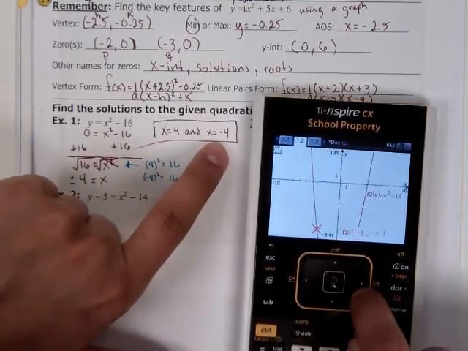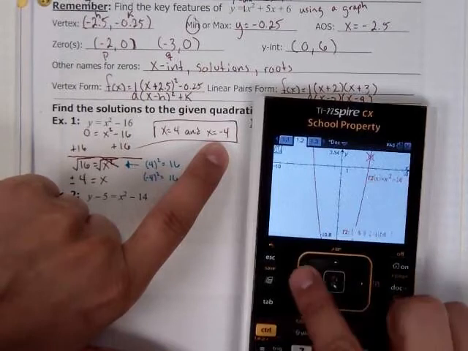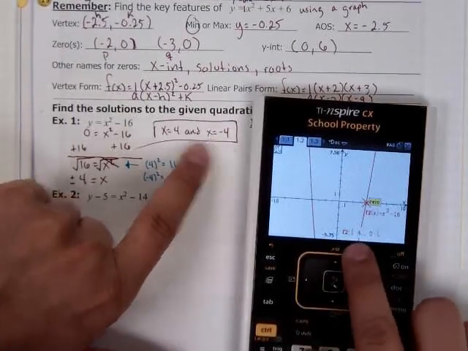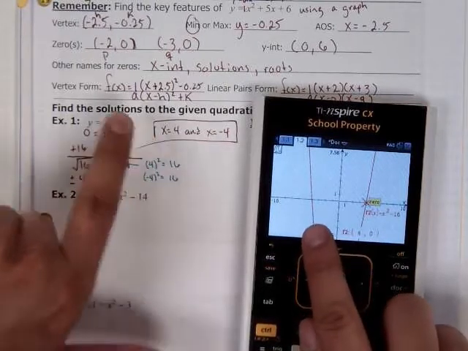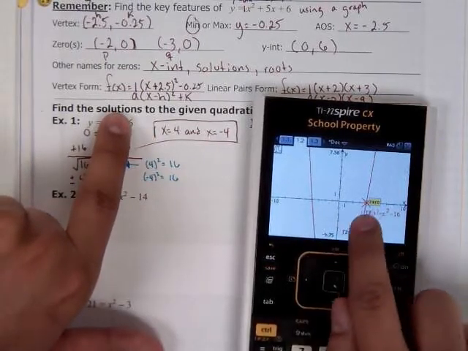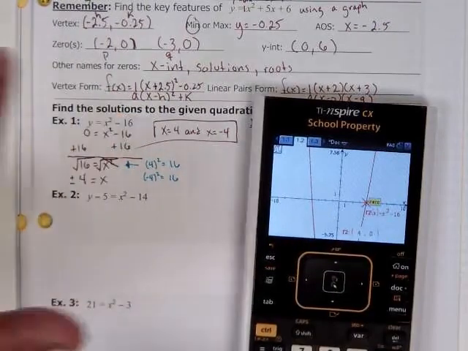If I go to the other side, no, too far. I find the other one, positive 4. So your solutions are where your quadratic equation crosses the x-axis. Makes them really easy to find.